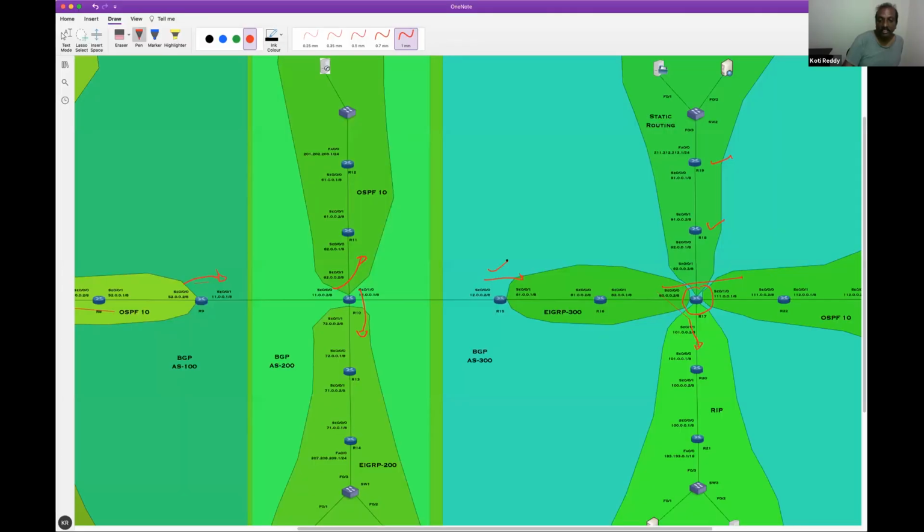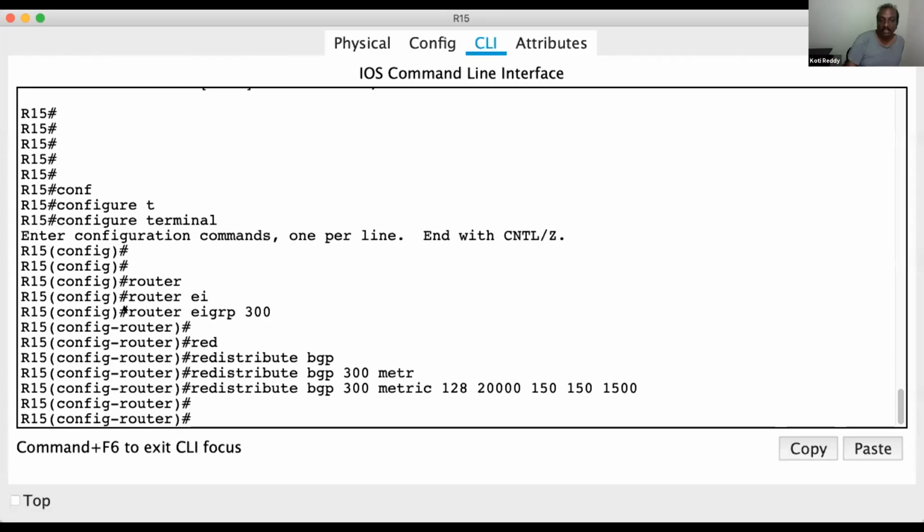I'll show that again to you. You missed what I did on R15, right? I go to R15. This is what I did. I went to router EIGRP 300, redistribute BGP 300 routes with so and so metric. That's all. This one command I give to EIGRP 300.